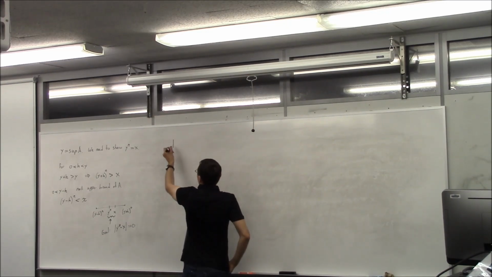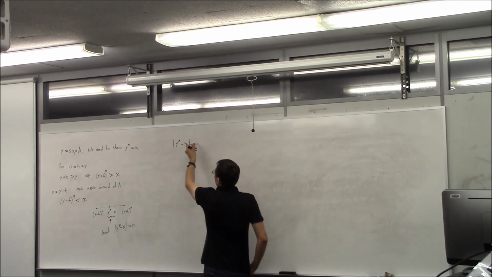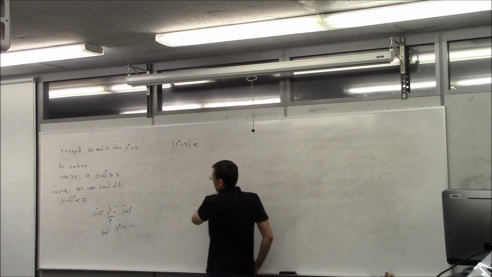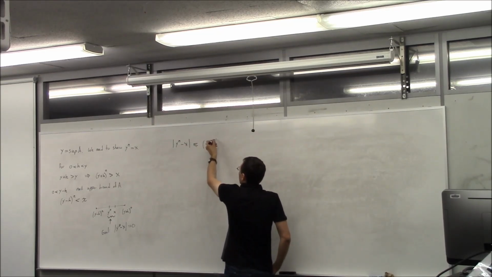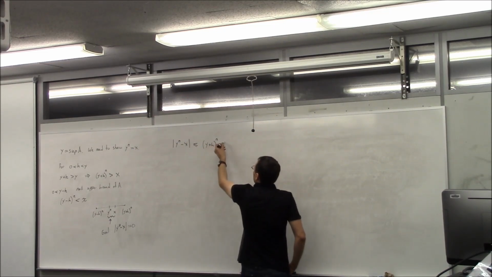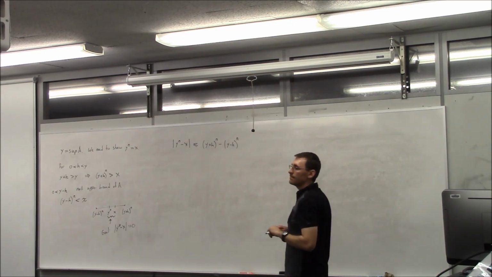So we have that y to the n minus x is definitely less than or equal to y plus h to the n minus y minus h to the n. Yes?